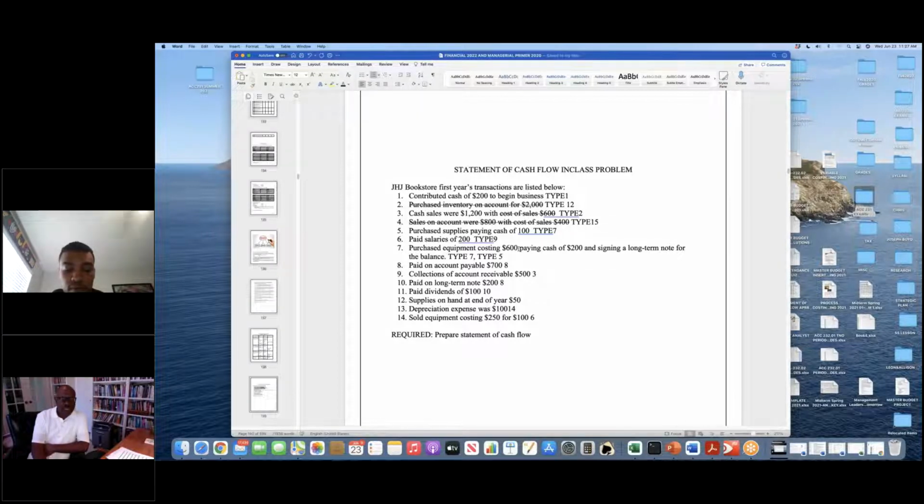So we'll come back and then we put it in, but we don't scratch that one. Collection of accounts receivable, that's a type 3. We're going to put it on the statement. Paid on long-term note, 200. That's a type 8.